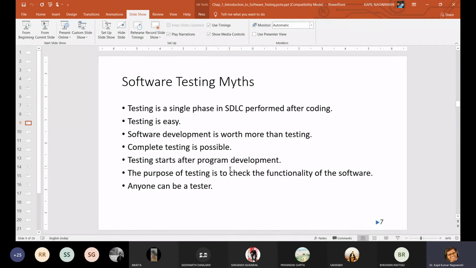Fine. And anyone can be a tester. Sometimes people think that if I'm not very good in programming, then better to go for testing because I can go for testing only. Tester is a Mazdoor kind of job. So many myths are there, but it is not a Mazdoor kind of job. Ultimately, a tester has a lot of burden.